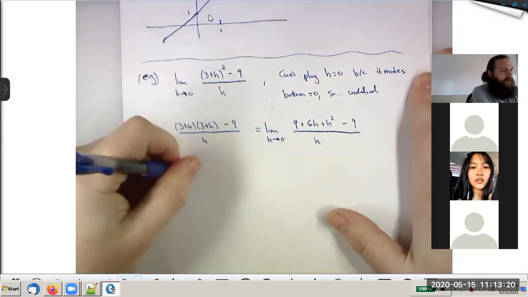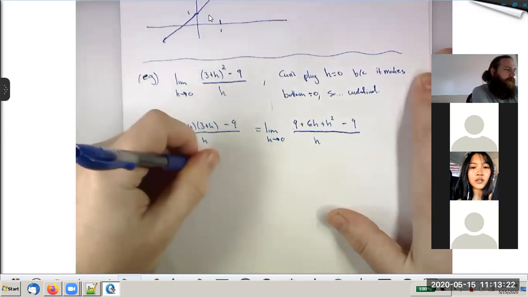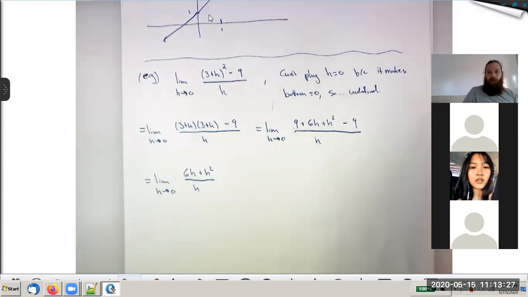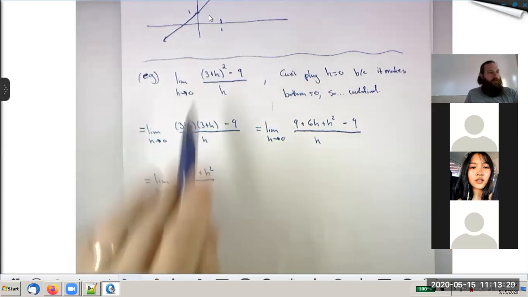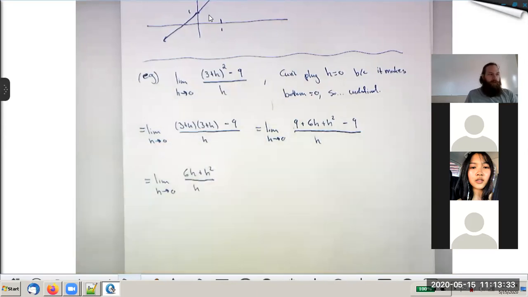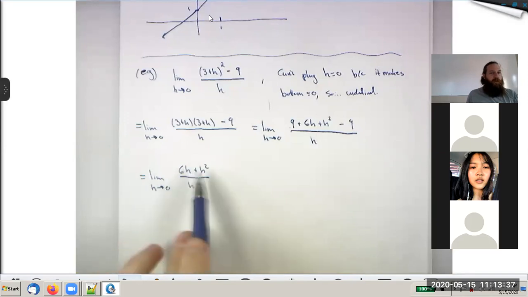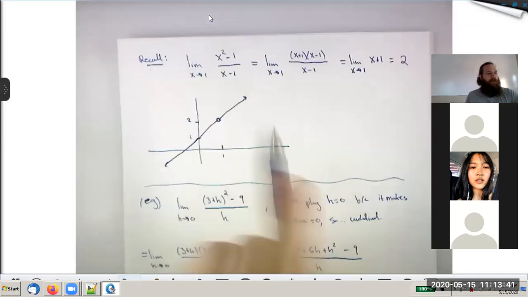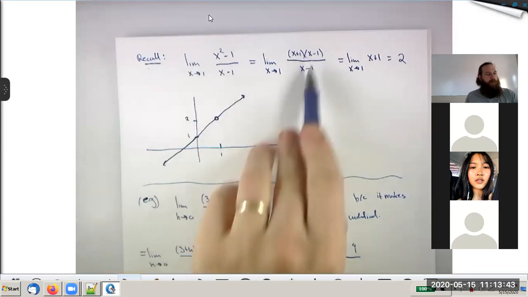So I get 6h plus h squared over h. And so far, I haven't canceled anything. All I've done is manipulated this algebraically. I just FOILed that out. So these things are definitely equal to each other. Now in my next step, I can factor an h from the numerator and cancel it with the h downstairs, very similar to factoring this numerator and canceling the x minus 1s.